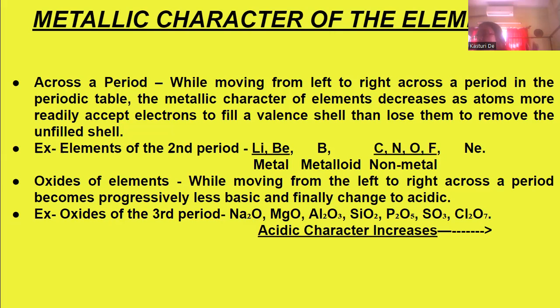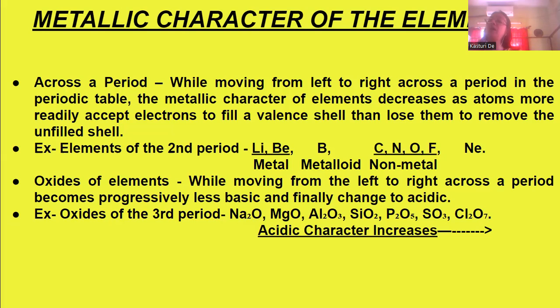Like in case of the first group, the atoms lose electrons from their unfilled shell to show that they have a metallic character. Metals lose electrons, and non-metals accept electrons.